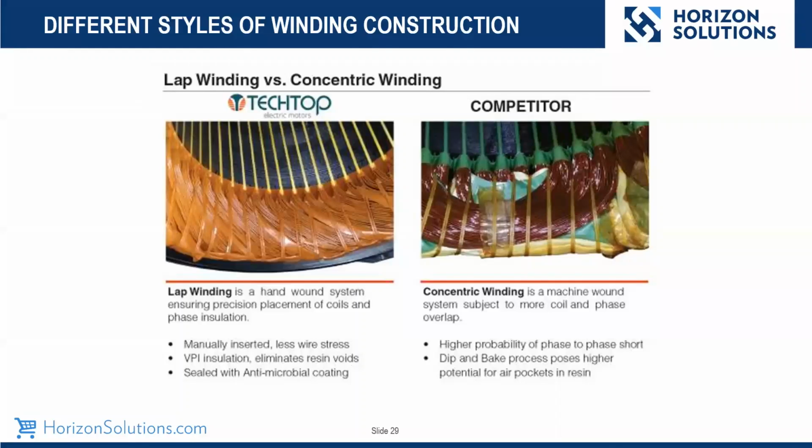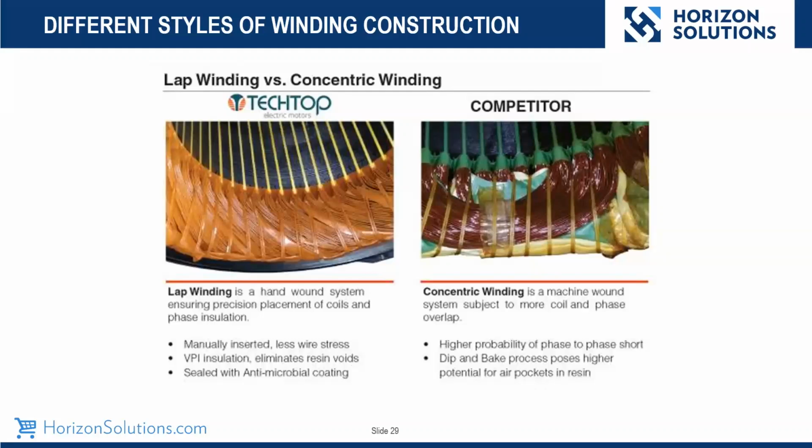That's another brand that we sell besides Marathon. With this lap winding, the conductors inside the winding actually are more consistent. It leads to less problems with reflected wave and issues like that.